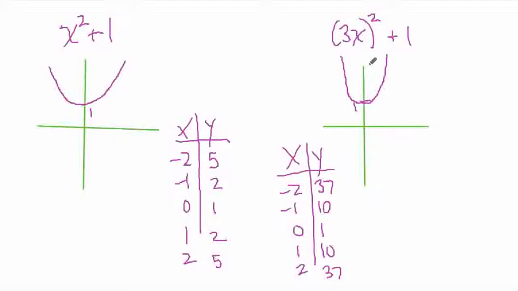Actually, there is one more transformation I forgot to mention. Let's do that one. That's the one where you multiply the x by a negative sign. All right. So let's say that I had y equals the square root of x.